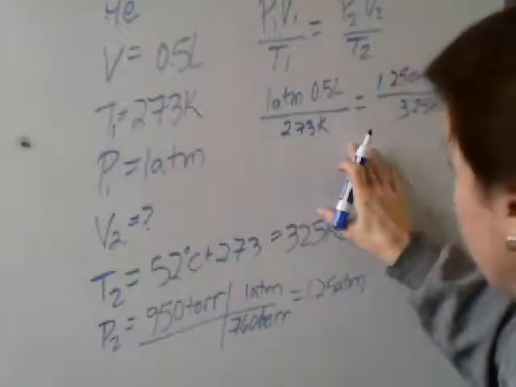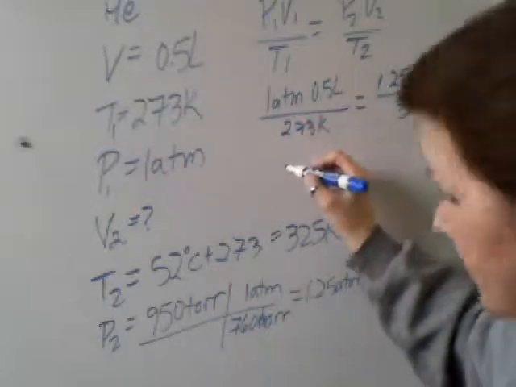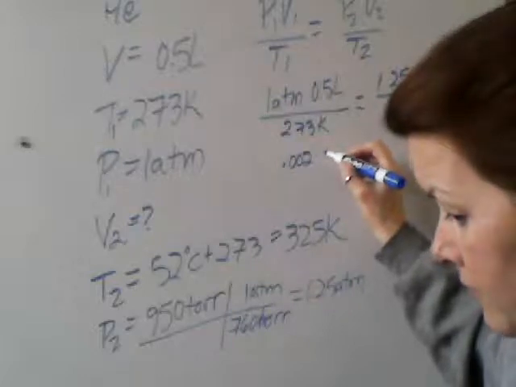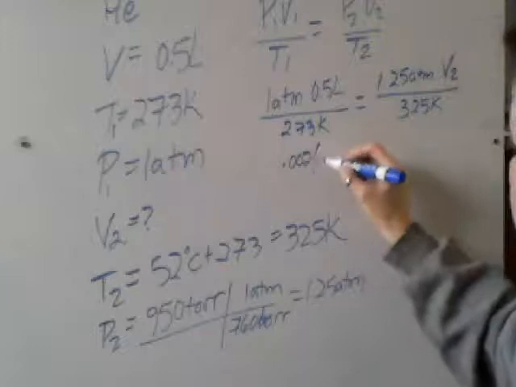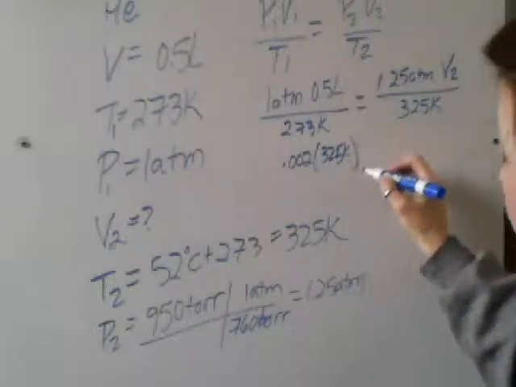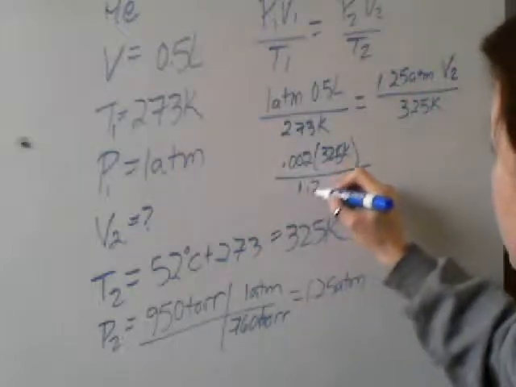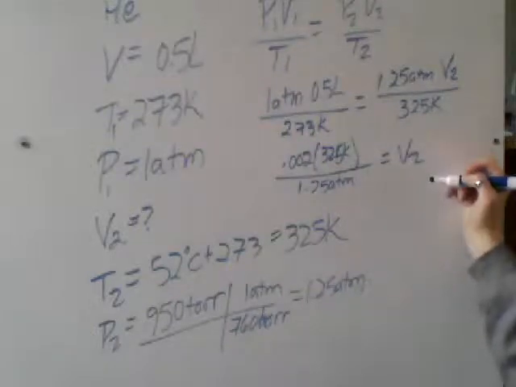So it turns out that this whole thing equals 0.002, and then you'll multiply it by the 325 to get rid of it on that side, and then you will divide it by the 1.25 atmospheres to equal your volume 2.